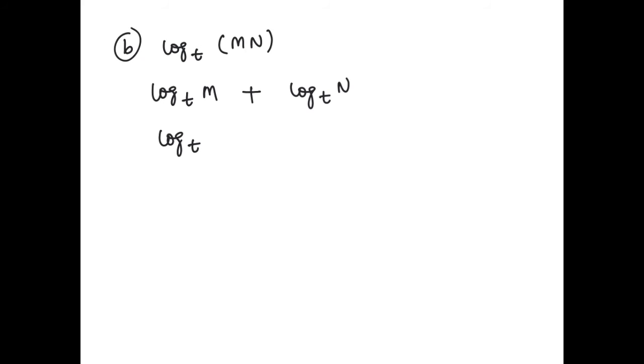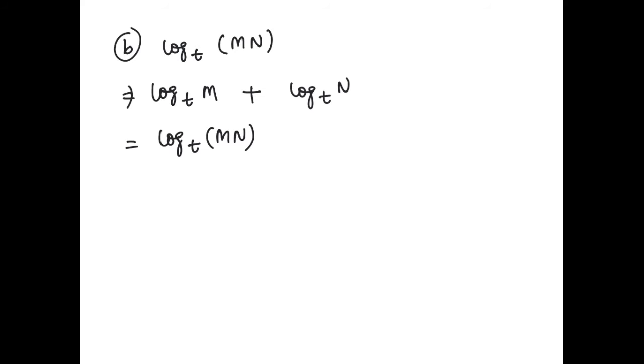Now B part says log base T of mn. We know that log base T m plus log base T n can be written as log base T of mn. So we will add both log T m plus log T n values.